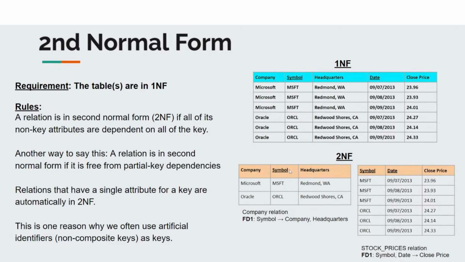Yep. And this is broken down into two tables because these are fully dependent on the single symbol. And it could be more than 2 tables then? Yep. It can be decomposed into multiple tables.